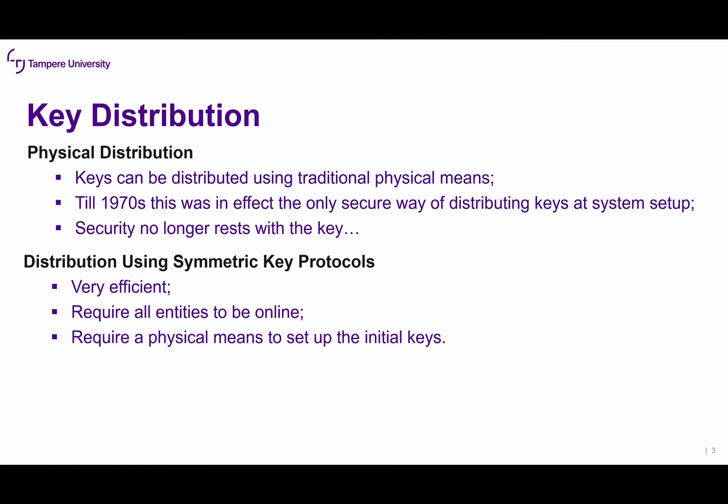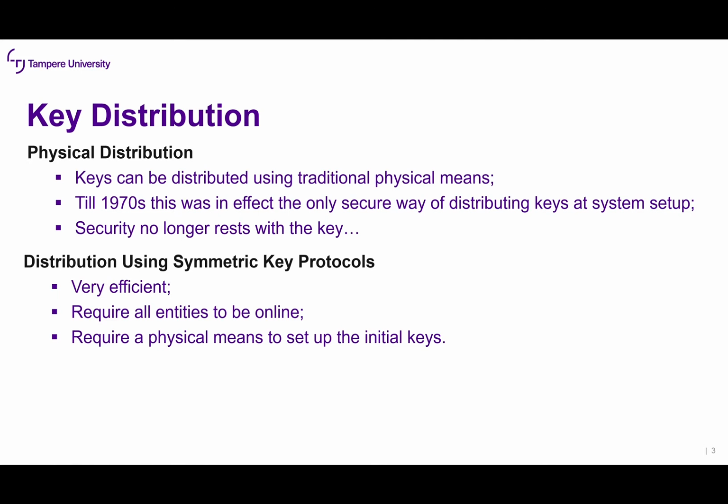So we've got an entity that we trust unconditionally, and then each user that wishes to exchange a key with another user needs to do that by contacting the central trusted authority. Now, protocols to perform this task will be discussed basically in this video.